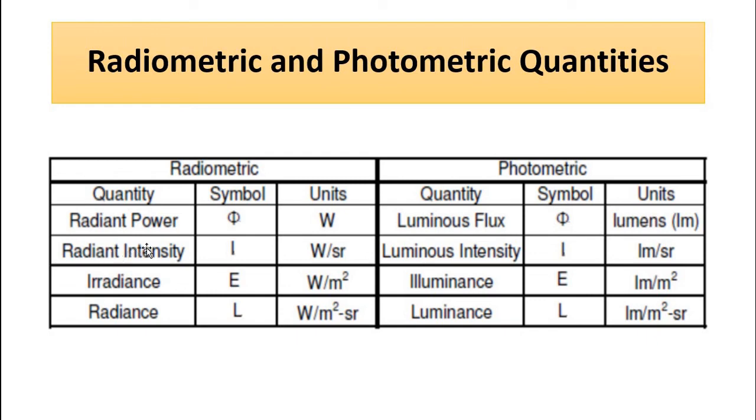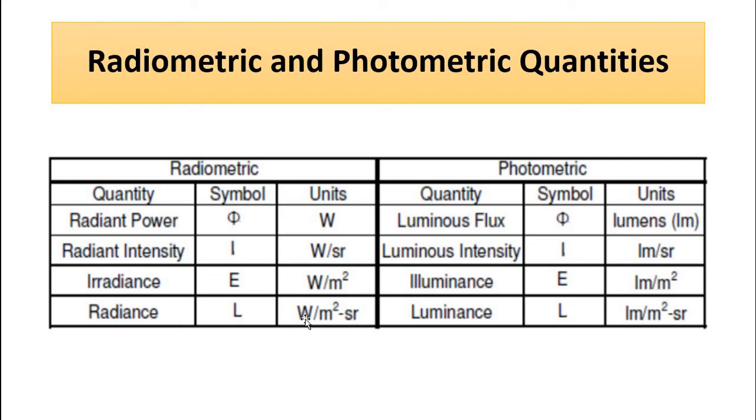Then radiant intensity, flux per unit solid angle, is watts per steradian. For photometric it is luminous intensity, which is lumens per steradian, luminous flux per unit solid angle from the source. Irradiance is the radiative flux per unit surface area, watts per meter square for radiometric, and for photometric it is the luminous flux per unit surface area, lumens per meter square.